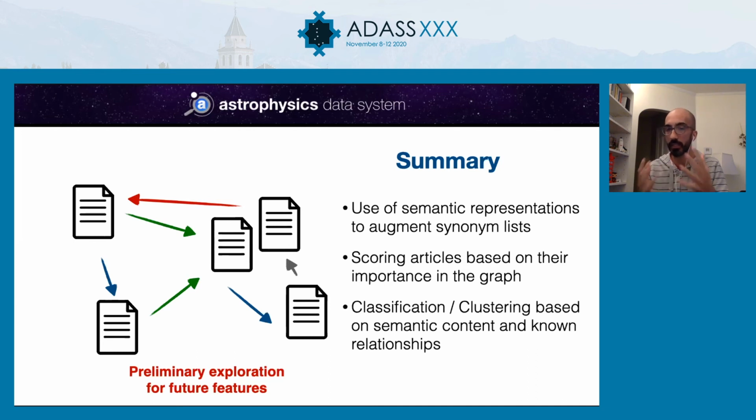And finally, we've seen that this kind of technology can allow us to very quickly classify new documents, or even cluster documents that we already have in the system based on their semantic content, but also rely on the known relationships, so we can combine these two methodologies of clustering and community detection. So this is all.